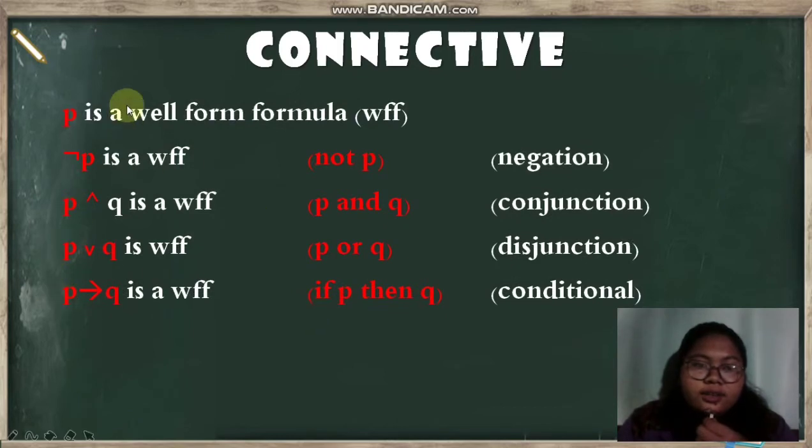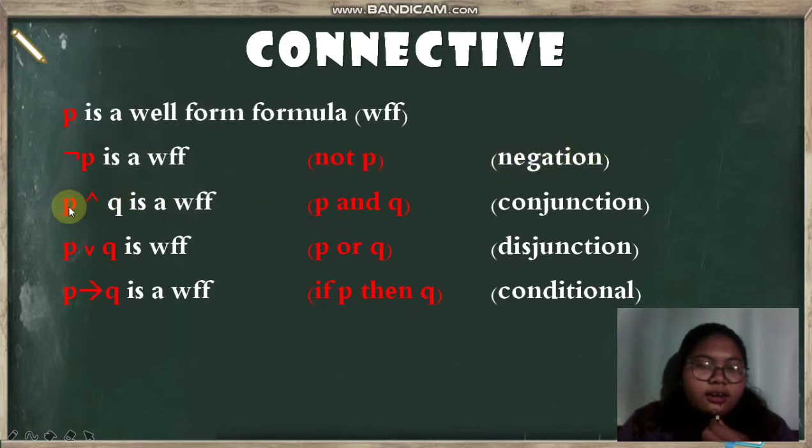Next is about connectives between propositional statements. These are some relations of connectives between propositional statements. P is a well-formed formula, or wff. Well-formed formula means that this syntax can be used. The second one is not P. It's a wff too. This symbol is called not P, and that is a negation.